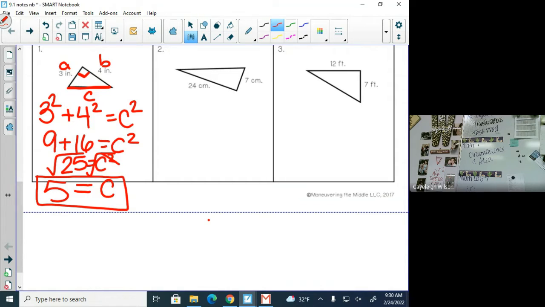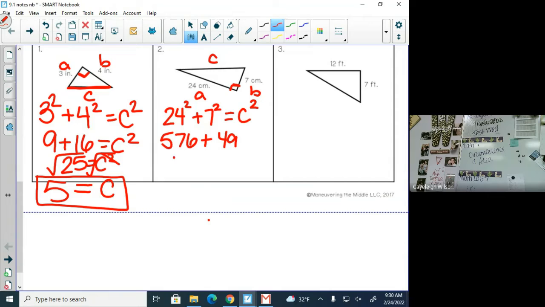All right. So looking at number 2. It looks like my right angle is right there, because it couldn't be there since it's not a right angle, and it obviously couldn't be there. So these are my two legs, my A and my B. It doesn't matter which one. And then my C. So A squared, 24 squared, plus B squared, 7 squared equals C squared. 24 squared is 576. 7 squared is 49.